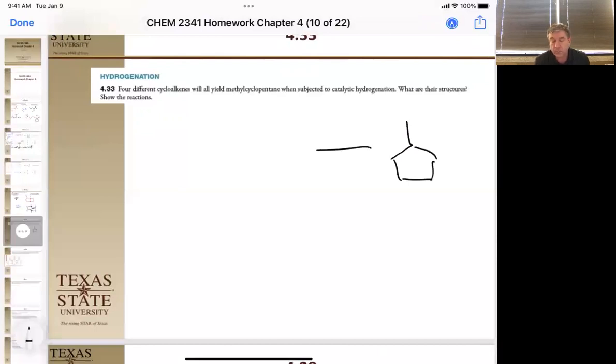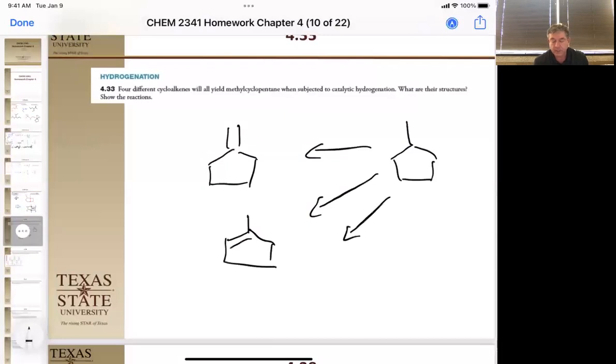So let's do one of them where we have the double bond here. And then let's just change the position of that double bond. We're going to put it in the ring next to the methyl group first. Then we're going to put it in the ring slightly further away from the methyl group. And then, let's see, 4 different cycloalkenes yield methylcyclopentane.